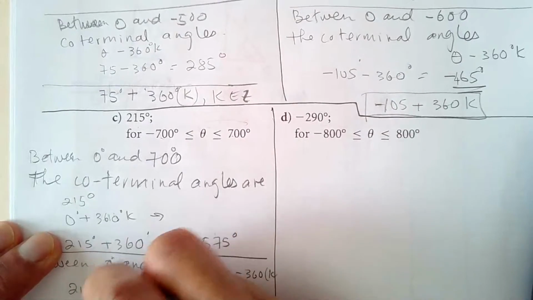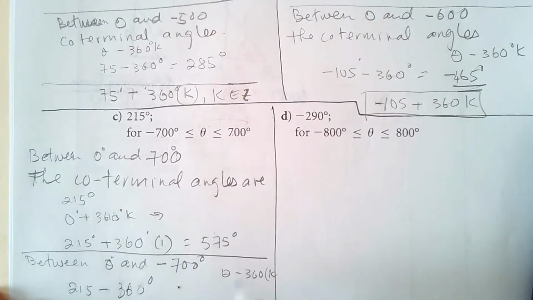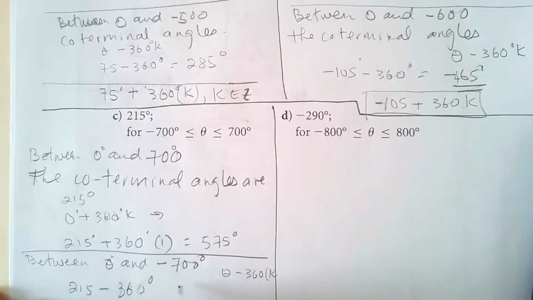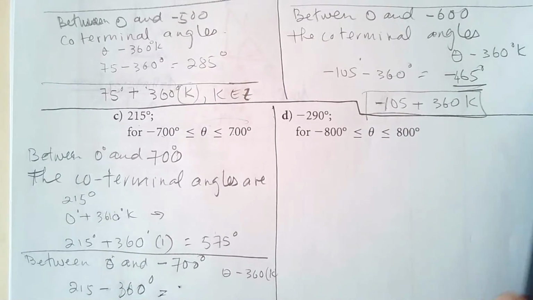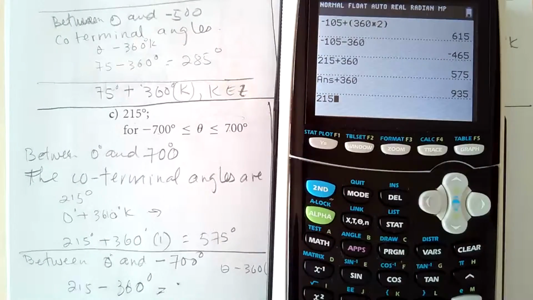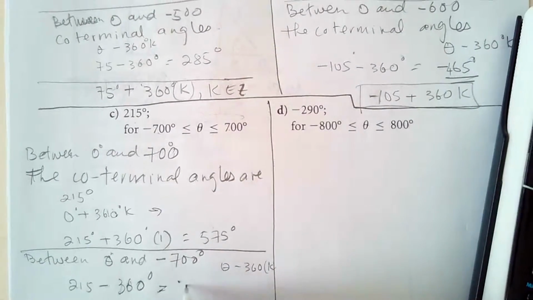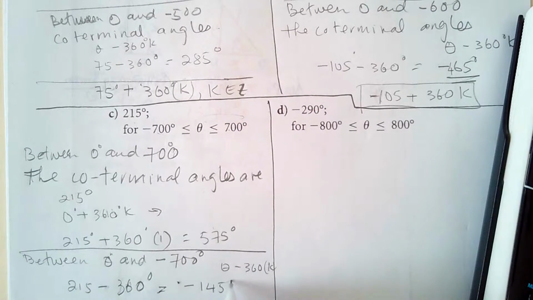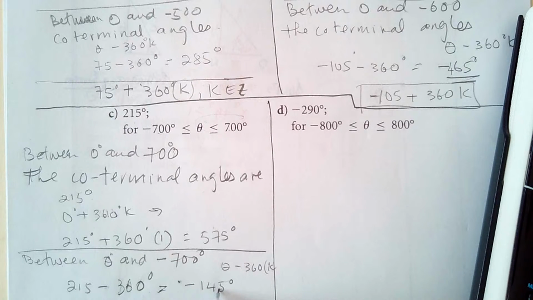I put 700 here by mistake, it should be 360 degrees. And 215 minus 360 gives me negative 145. That's the first one, so there's a coterminal angle.